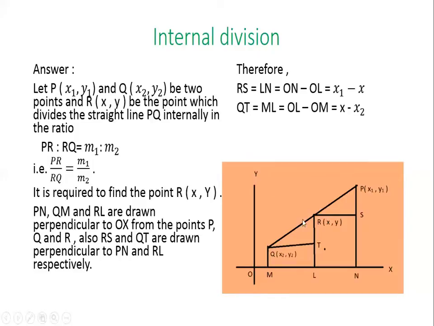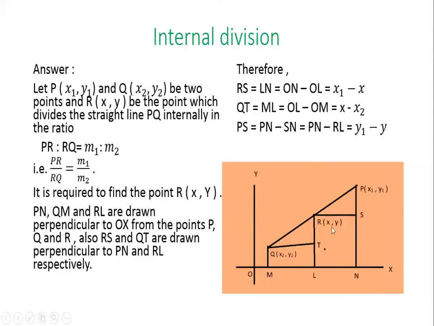For QT, we can write QT equal to ML, equal to OL minus OM. Now, OL equal to x and OM equal to x2. So finally, QT equal to x minus x2.